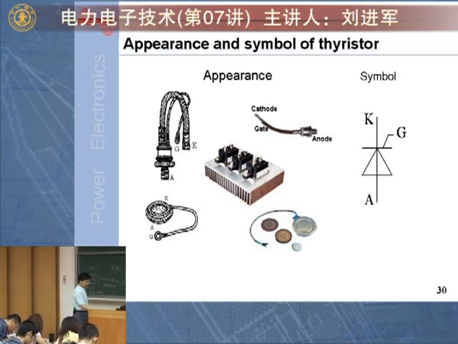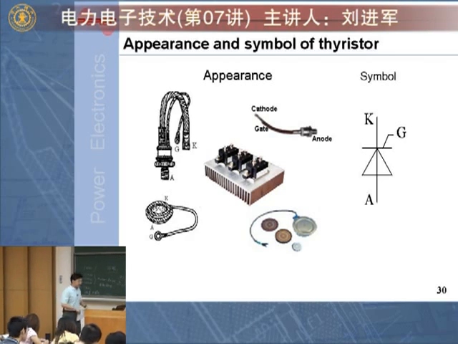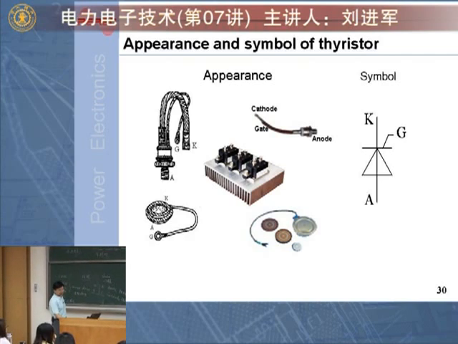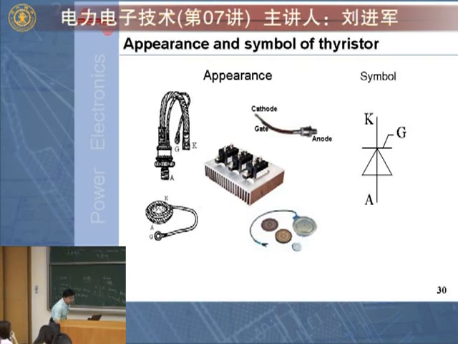The symbol of a thyristor is also similar to the diode. Also, there is only one difference. The difference here, you have an additional... this is really hard for me to figure out. Where is my mouse?